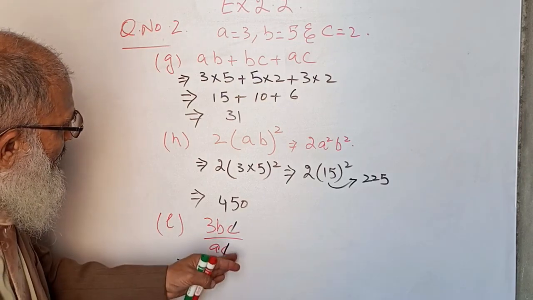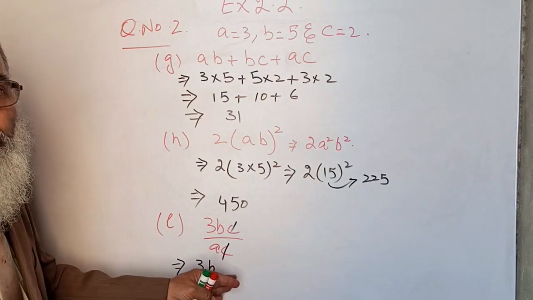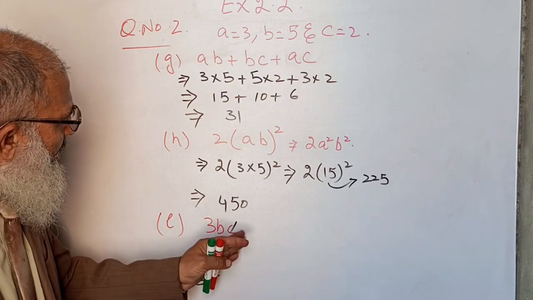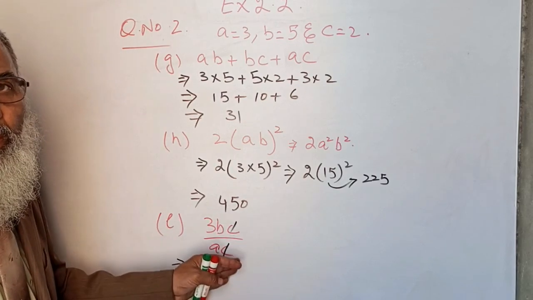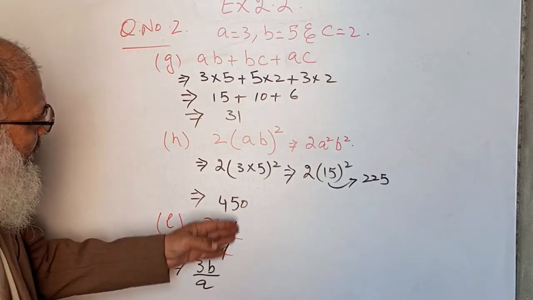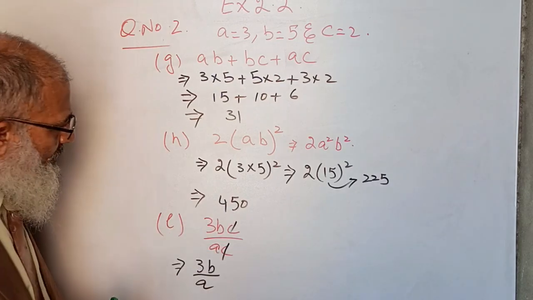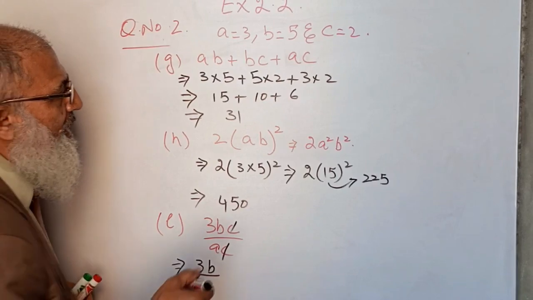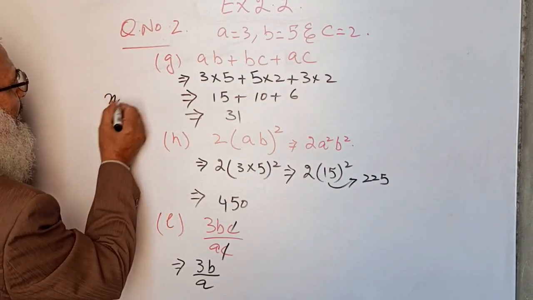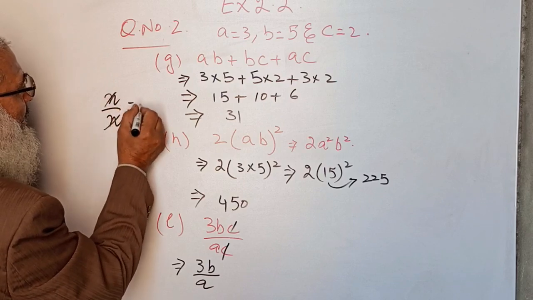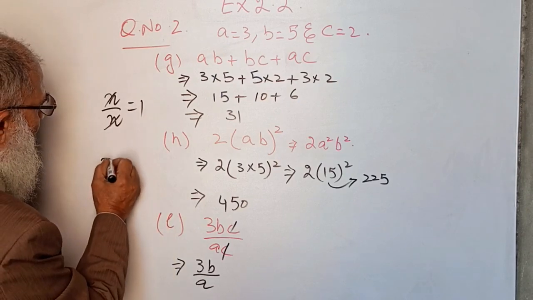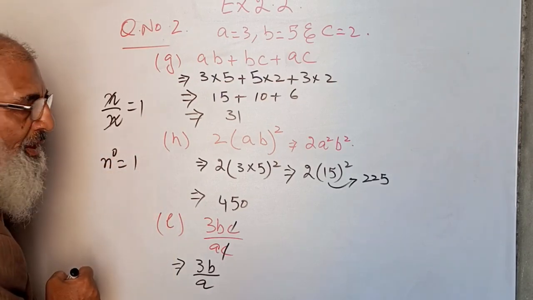Now C, you don't have to substitute the value of C, and even if you do it at a later stage, these will be divided with each other to give 1. When anything is divided by itself, the answer is 1. For example, n divided by n, the answer is 1. I told you in my very first lecture that n raised to power 0 is 1.